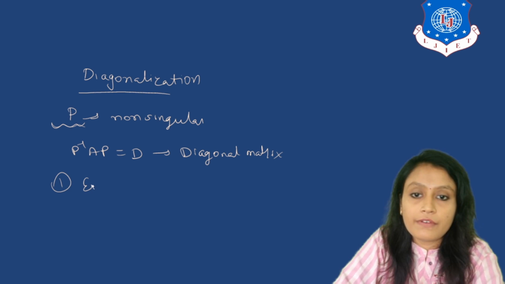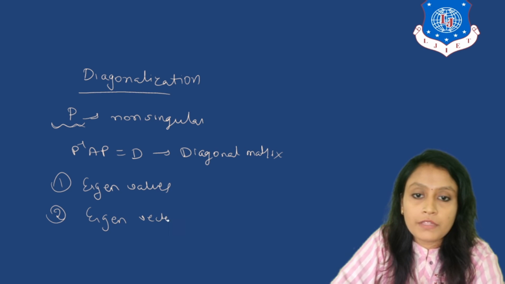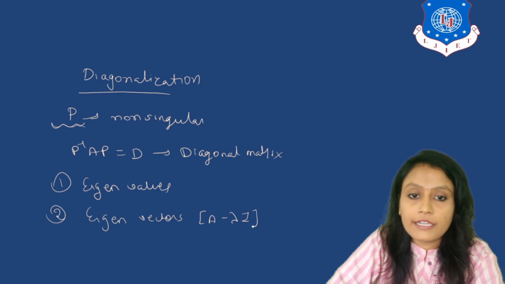Now what is the procedure? Firstly we will find the eigenvalues using the characteristic equation. Then we will find eigenvectors using which formula? A minus lambda I into x equal to 0. So we will get eigenvectors corresponding to each eigenvalue.